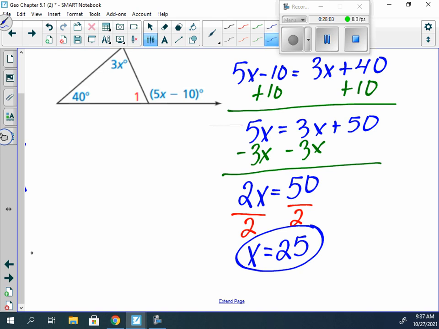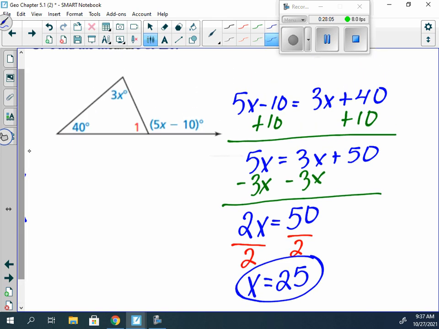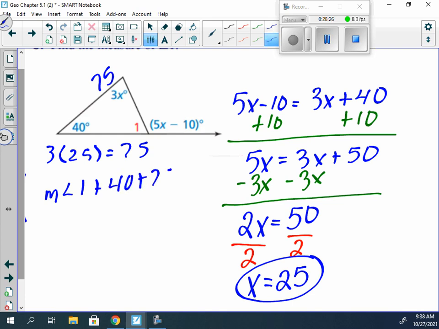Because I can plug x back in. 3 times 25. Yeah, let's write over here. So the top angle here is 75, and we know that these three angles here add together to be 180. So the measure of angle 1 plus 40 plus 75 is equal to 115.